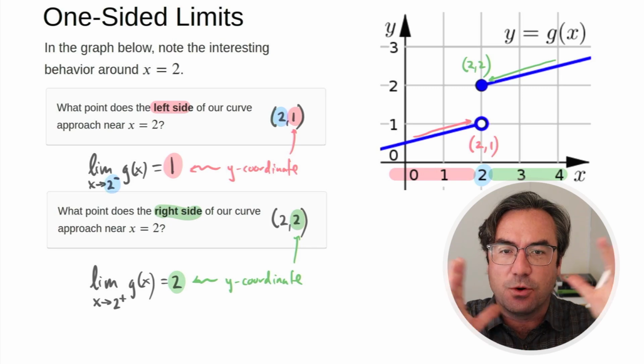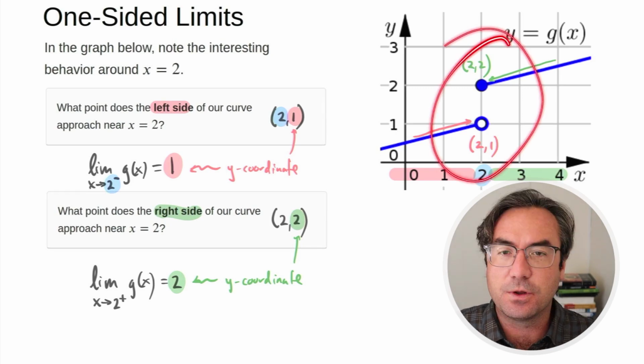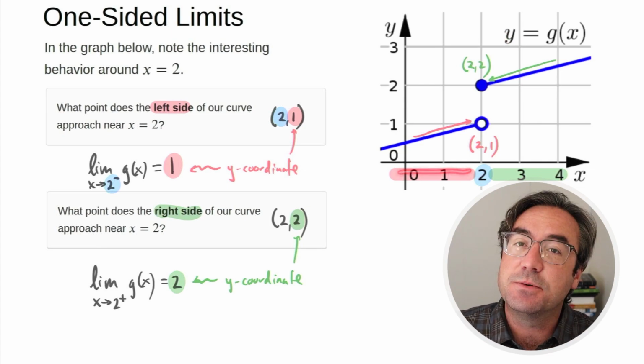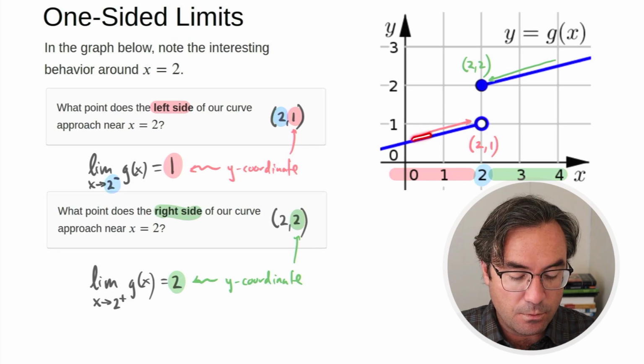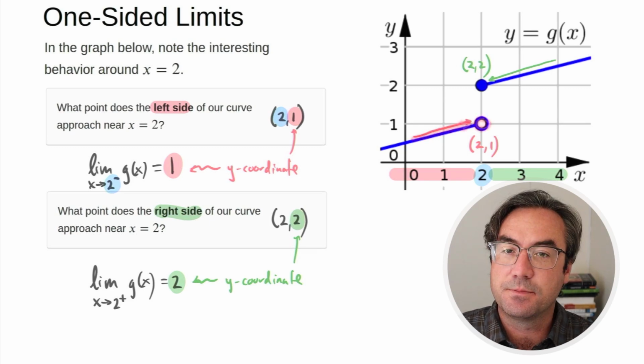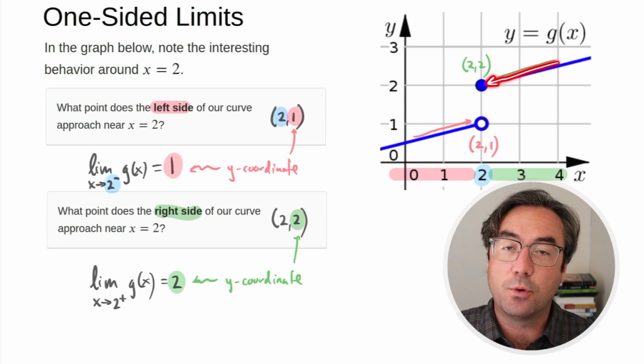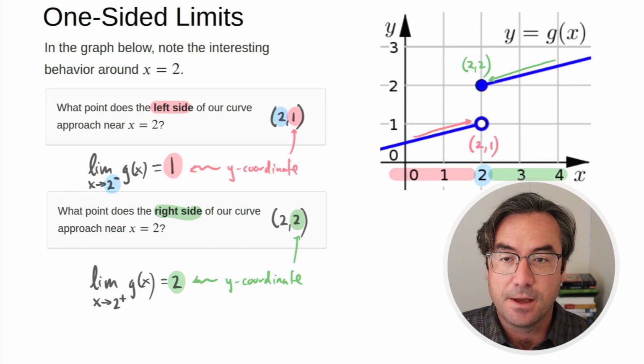We're interested in what's going on in this whole area here. So we want to go a little bit to the left and see what point it looks like we're approaching. We want to go a little bit to the right and see what point it looks like we're approaching as x gets closer and closer to 2.